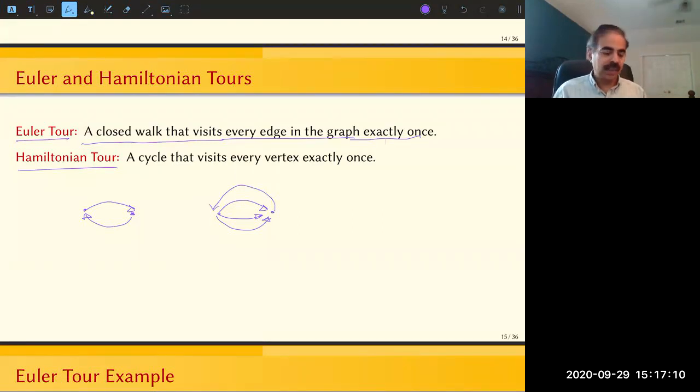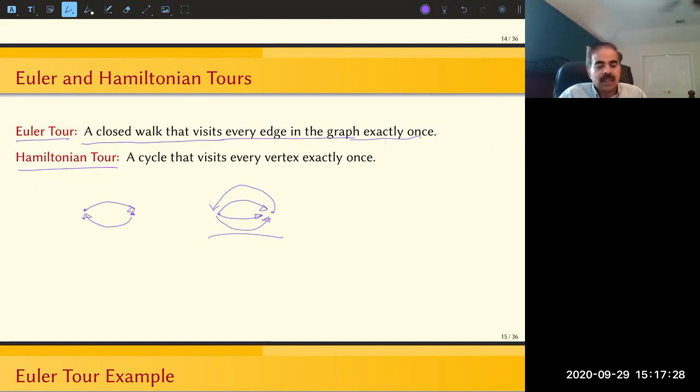So the Euler tour becomes more interesting if you allow this generalization. Okay, not that you must have this type of graph. Any type of graph is fine for studying this problem.